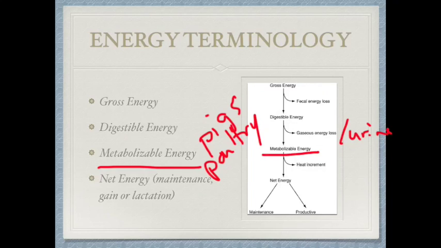The reason is that the gas losses in pigs and poultry can be high, as well as the urine loss of energy, and they feel it's a more descriptive way to describe energy use in these types of animals or birds. And so those two species use metabolizable energy, which accounts for 3 of the 4 losses of energy by animals.